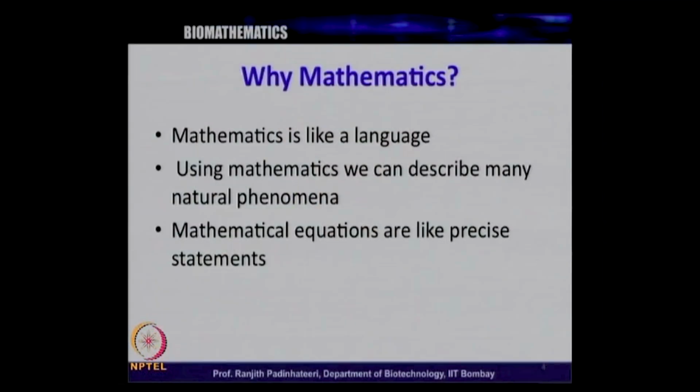We use English, Marathi, Hindi, all kinds of languages we use in India, and these can describe some event that we see in day-to-day life. But then why do we need mathematics? The advantage of mathematics is that you can describe things in a very quantitative, very precise way.